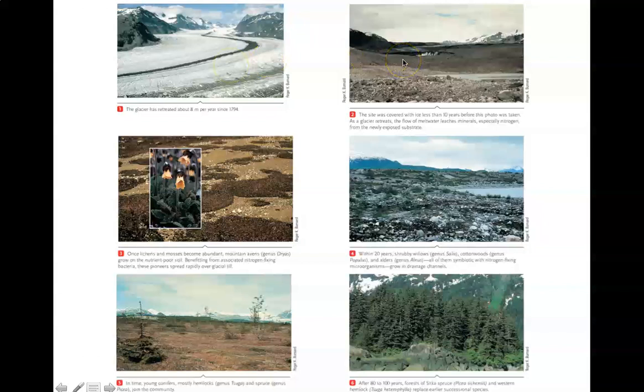It scrapes away the topsoil, it crushes everything to death, it blocks the light. And so under a glacier, you don't really have any living species. But after the glacier melts, you undergo those stages of succession with small plants and then eventually a forest. So this is an example of primary succession.